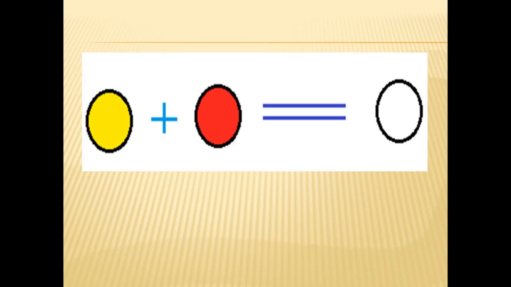The rule is, when you are taking one red circle and one yellow circle together, it gets cancelled, which means that if you are adding or if you are taking together one red circle and yellow circle together, it becomes 0. Let's start the game.